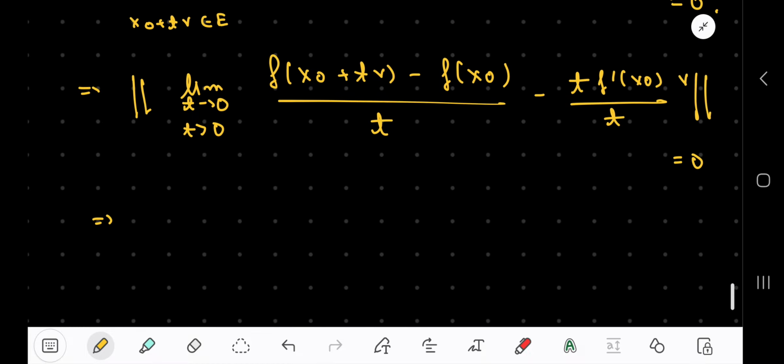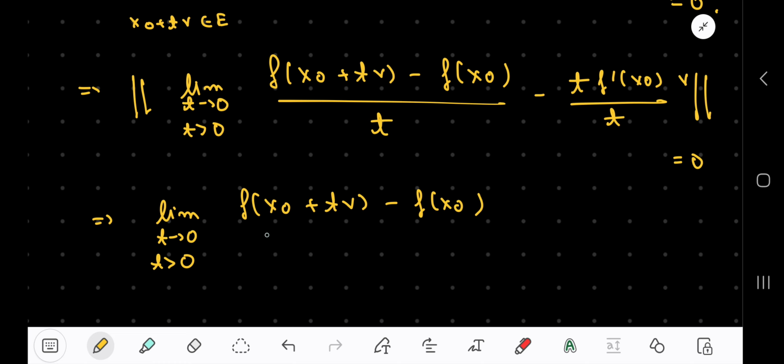But we know that this norm is a positive definite function, right? The norm of something is 0. That means the vector itself inside is 0, and inside what we have is typically a vector, because the numerator is coming from Rm, so this directional derivative should be an element of Rm itself, right? Fine. So this will give me the limit as t tends to 0, t greater than 0, of f of x naught plus tv minus f of x naught by t, and these two t can be cancelled out.